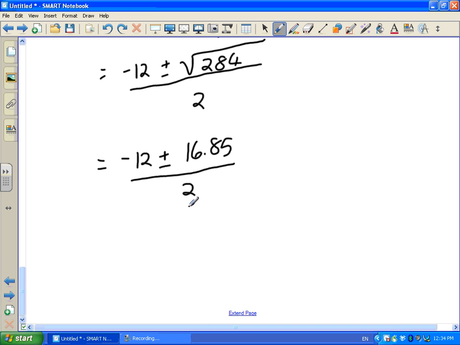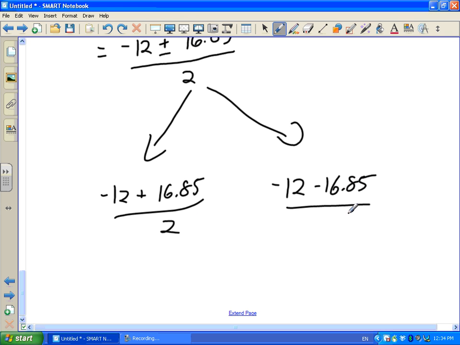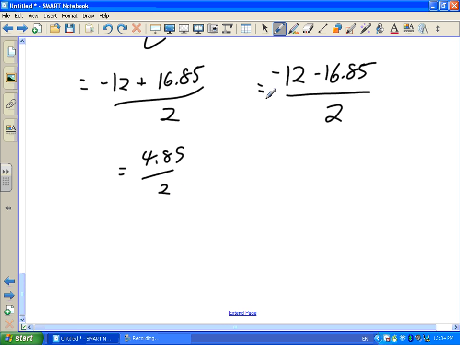So we're going to split this up now. This is the important part. I have negative 12 plus 16.85 divided by 2. And I have negative 12 minus 16.85 divided by 2. This is going to give us 4.85 divided by 2. What is that going to be, Duke? 2.425. And our other one, it's going to give us negative 28.85 divided by 2.